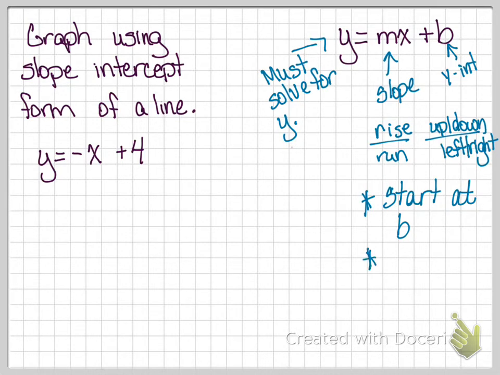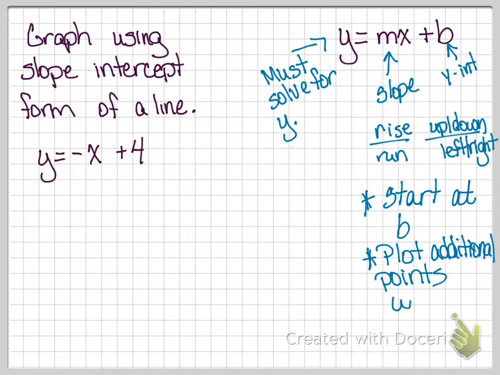Then you are going to plot additional points using the slope. So we're going to start at B, and then we're going to plot additional points using the slope. So I'm going to draw a graph.